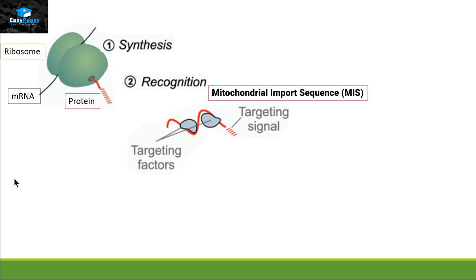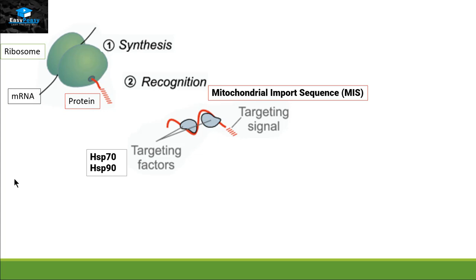The targeting factors that attach to this protein are called HSP70 and HSP90. They are chaperones, or heat shock proteins, that attach to the protein and will not allow it to transform into tertiary and quaternary structure.